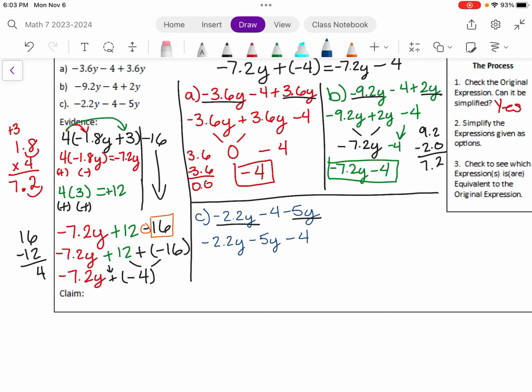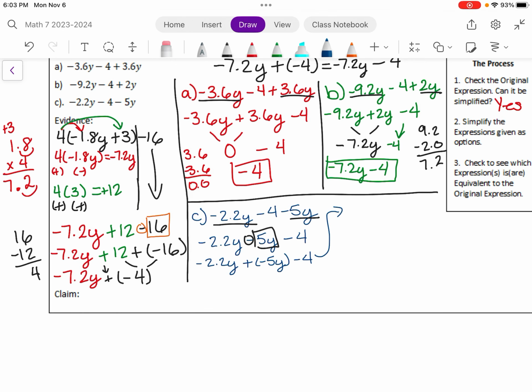Remember, if you don't know how to subtract like this, change it to addition. So I'm going to circle this and box that in. This changes things to negative 2.2y plus negative 5y minus 4. Okay. So let's combine those over here.